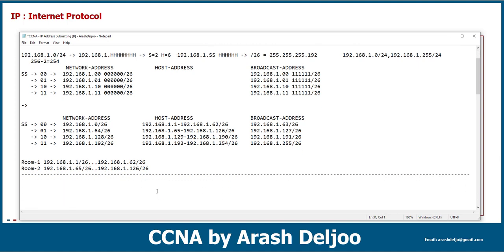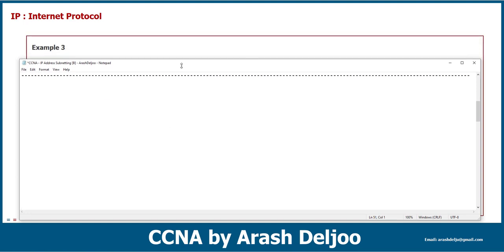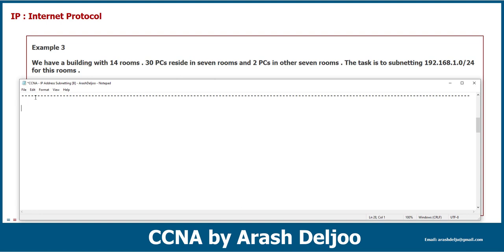Here, as you can see, for the first time, we have 2 requirements. Let me write it here. We have 14 rooms, and in these 14 rooms, we have 2 types of requirement. In 7 rooms, we need 30 IP addresses, we have 30 PCs, okay? And in the other 7 rooms, we need only 2 IP addresses.